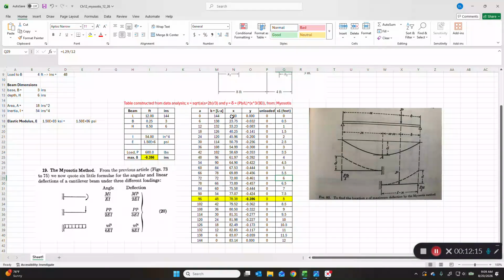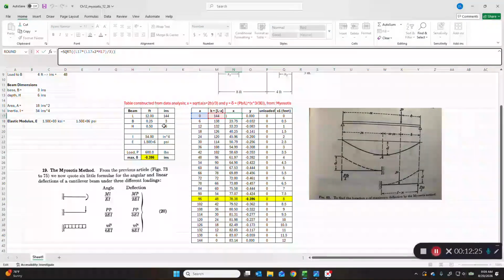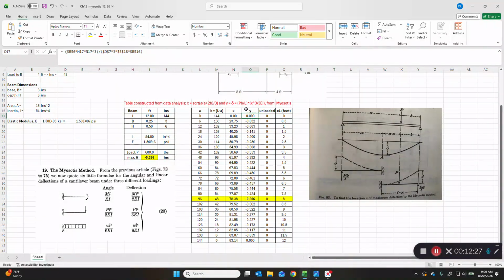So X and Y are really the calculations. So X is the square root of A, this A, plus 2 times this B, over 3. And there it is, right? And then Y is the deflection. So that's minus Pb, the load P, which is a constant. b using this b, not the base of the board. I called that of the prismatic beam capital B in this table, right?